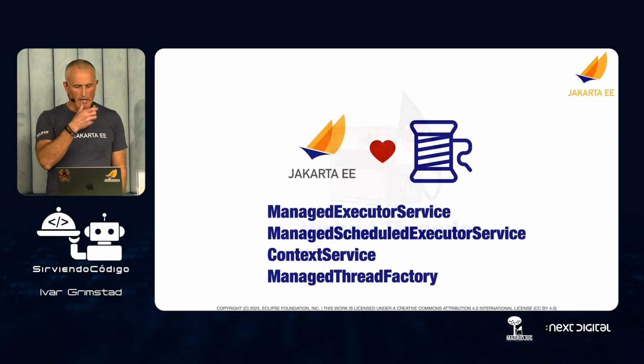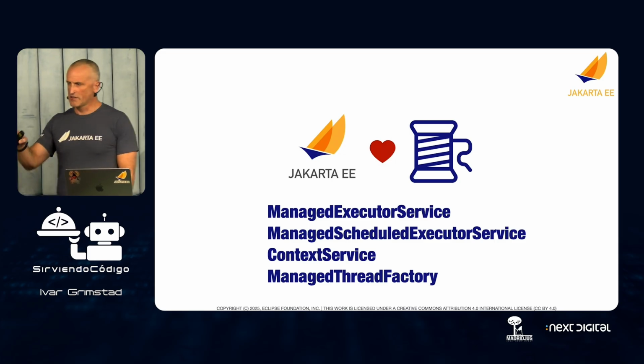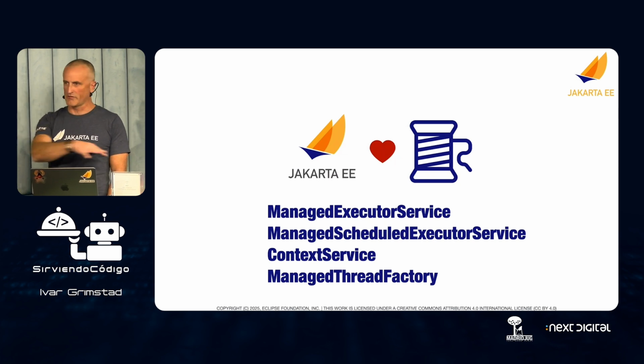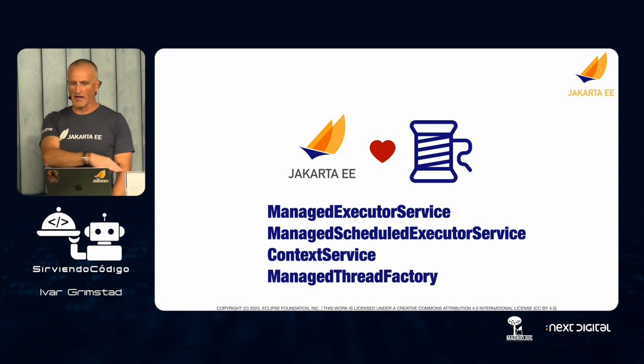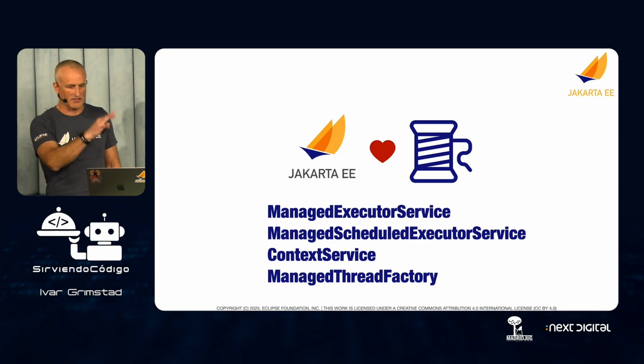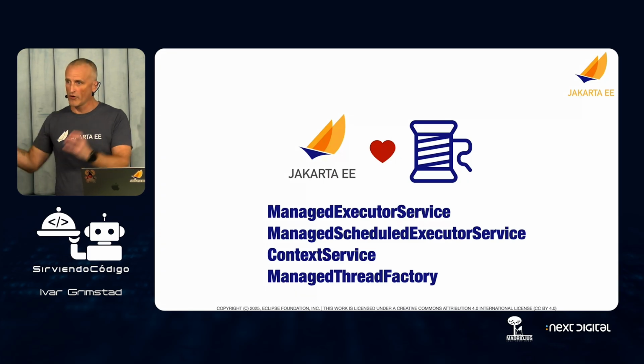In Jakarta EE, we have this kind of love-hate relationship with threads, because we tell developers you're not supposed to mess with threads. If you do that, the application server may kill it for you. So we have all these managed executor services, managed scheduled executor services, and context services, etc. These managed things manage threads for you.